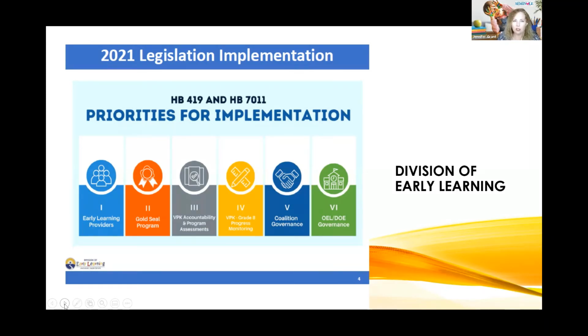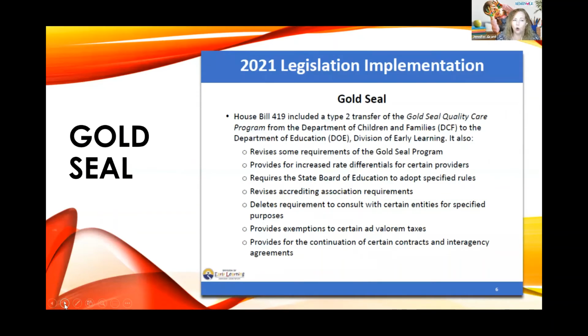So a little more about GoldSeal so that you understand where this goes. We'll go to the next slide, please. GoldSeal is going to transfer from DCF to the Division of Early Learning. It's going to revise some of the requirements. It's going to provide for increased rate differentials. So if you're GoldSeal, we may be able to pay more by provider, by school readiness child.